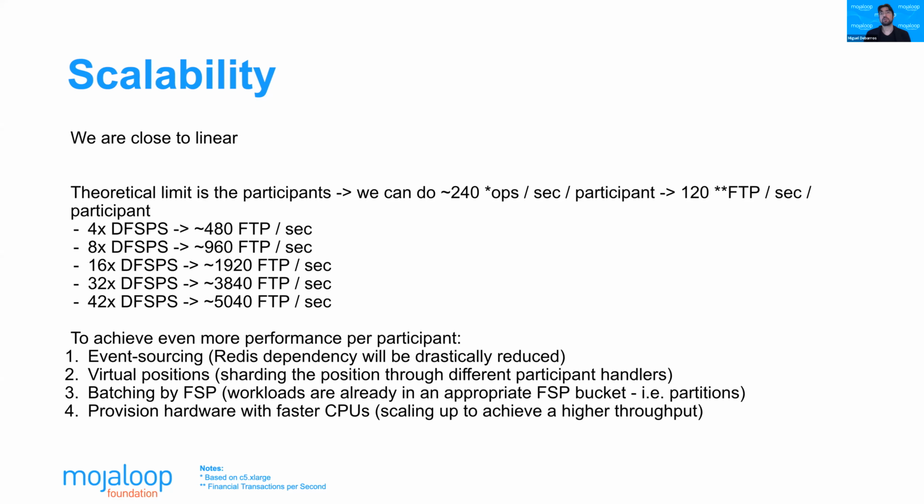The nice thing is that with the current architecture, since we have buckets specifically designated for each participant, it's really easy to pick up a batch of 100 messages, add all those positions together, and do one single atomic update operation to say, here's the new position based on all these transfers' position changes. As you start thinking about number two, the virtual positions, there's a couple of different forks you could take.